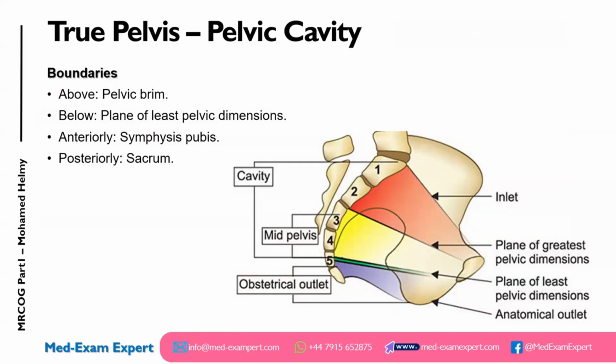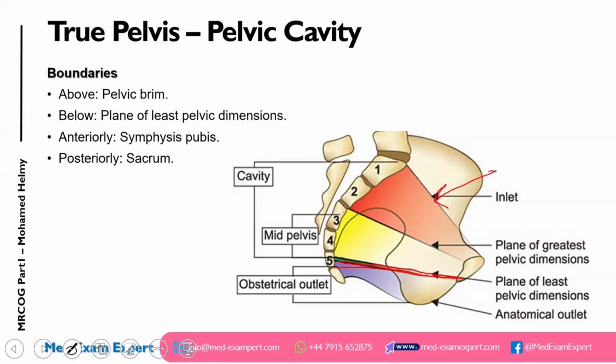Okay, very good. Now, about the cavity. The pelvic cavity is bounded by the inlet above, or superiorly, and below by a plane we call the plane of the least pelvic dimensions.